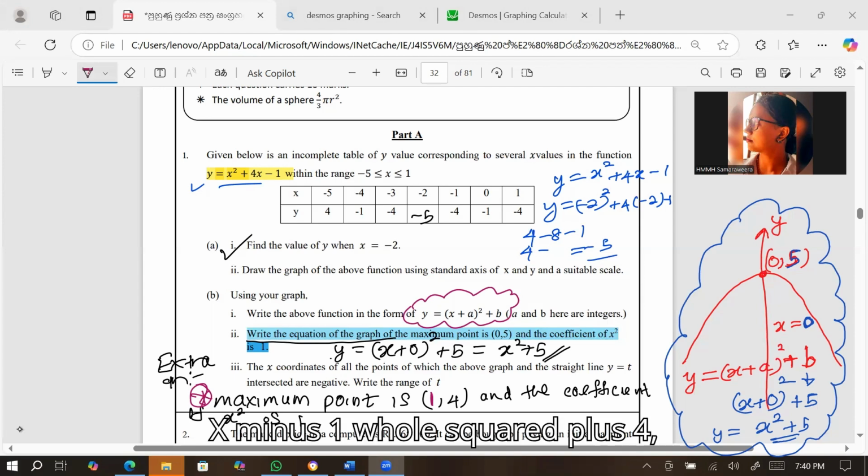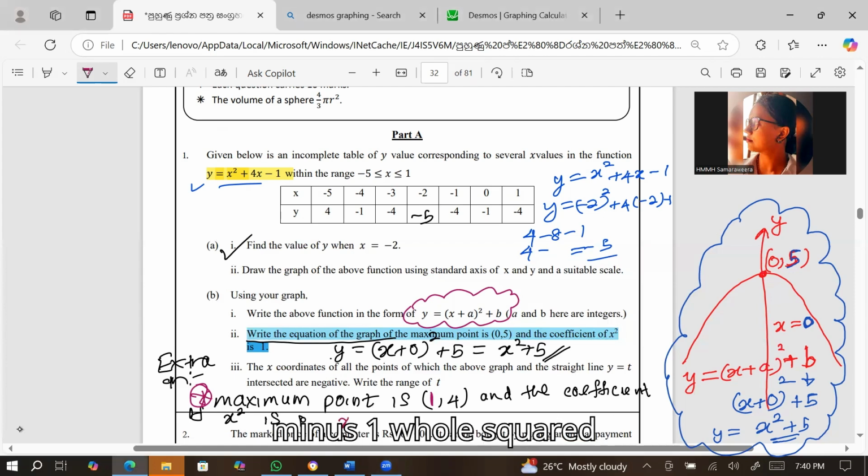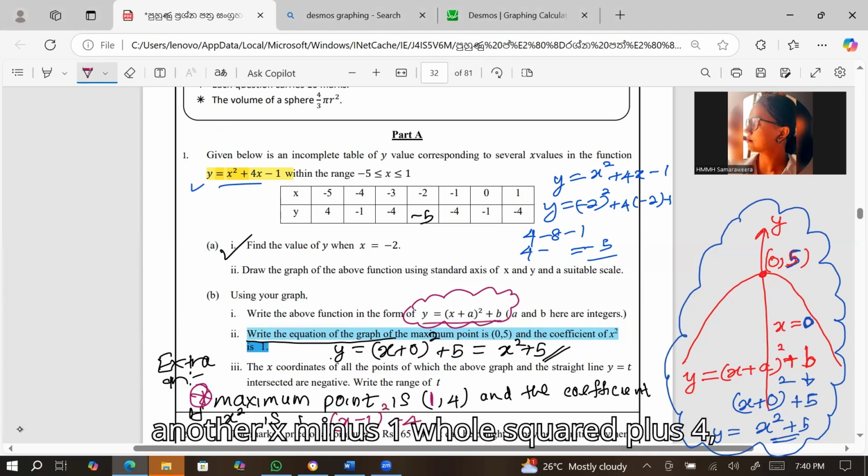Good. If you got the answer, very good. Otherwise, find your mistake. (x minus 1) all squared plus 4.